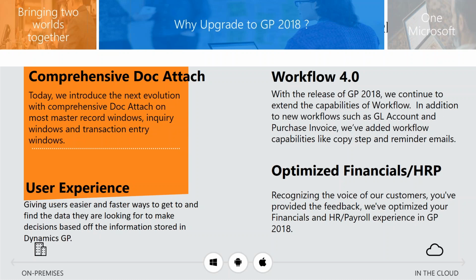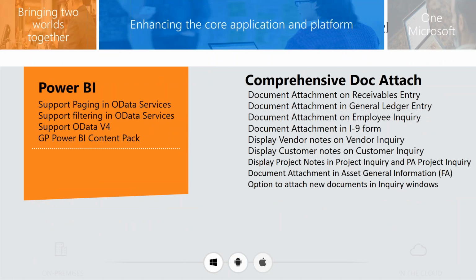And then, of course, they went through the financial system, which generally means general ledger, bank rec, receivables, payables, the core accounting part of the software, and added a number of things there for us, and a few things around HR and payroll. We're going to take a look at pretty much every single one of these in one form or another. And then Power BI, which you probably are starting to hear more and more.